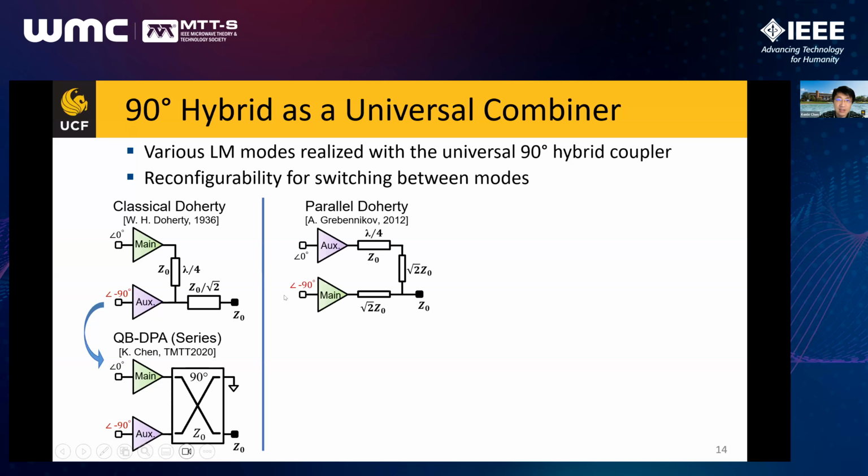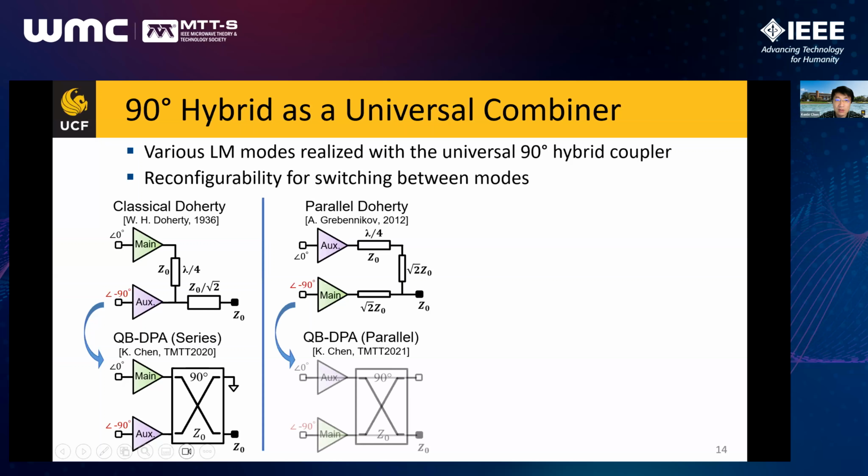What's more, we recently have this new parallel Doherty configuration, and again, it can also be realized with this quadrature coupler, but we need to exchange the main and auxiliary amplifiers and open circuit this isolation port.